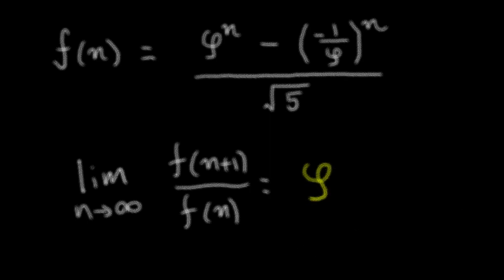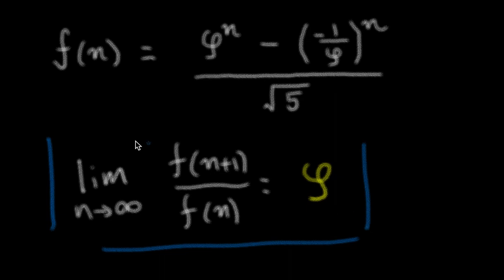And I would consider this to be one of the most beautiful formulas that I know of in mathematics, because it takes something in number theory, the Fibonacci numbers, and something classically from geometry, the golden ratio, and says that they're intimately connected.